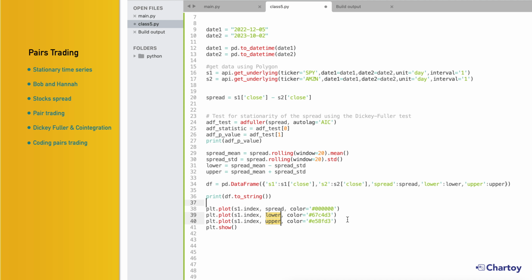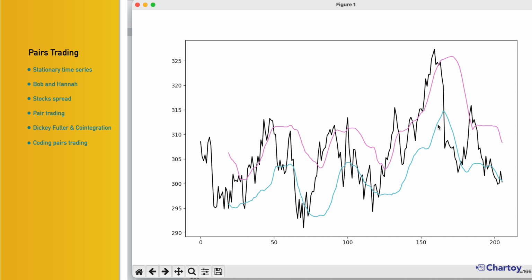So let's run this code now and see how the plots look like. So this is the plot. As you can see, this is the lower band, the kind of blue here, and the purple here is the upper band. And what we want to see is wherever the spread gets out of the band, out of the standard deviation area, that means that we're not normal and we are expecting it to revert back to the normal.